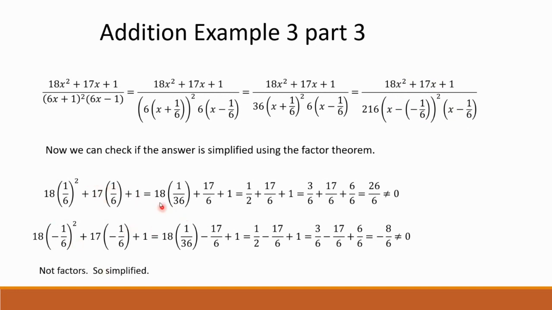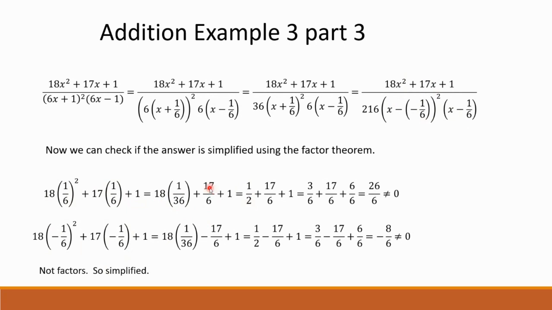And by these calculations, you can go through them. Here we have 18 times 1 over 6 squared plus 17 times 1 over 6 plus 1. Well, 1 over 6 squared is 1 over 36. And 18 times 1 over 36, that's a half.